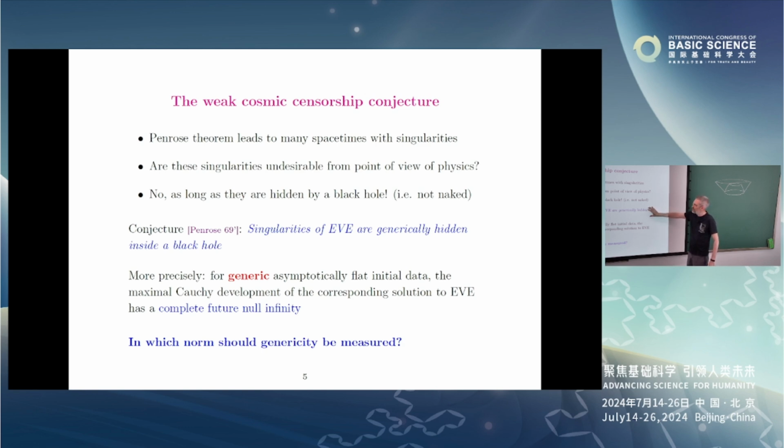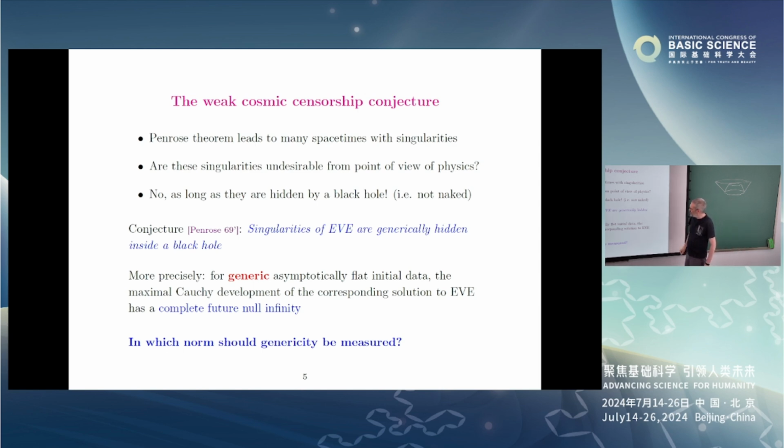You should understand this conjecture as being a global existence conjecture for the Einstein vacuum equations, which are also supercritical nonlinear equations. It is a global existence conjecture in the sense of global existence outside of black holes, at least for generic data. Let me give a slightly more precise statement, even though it's still rough.